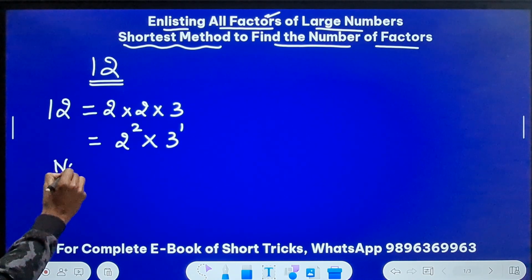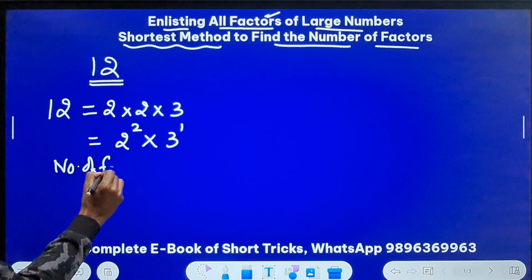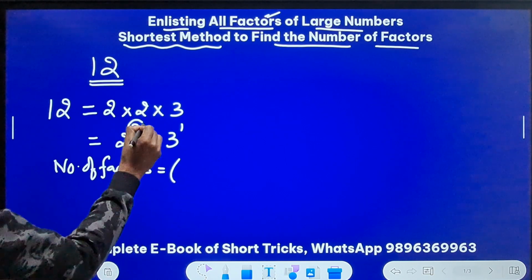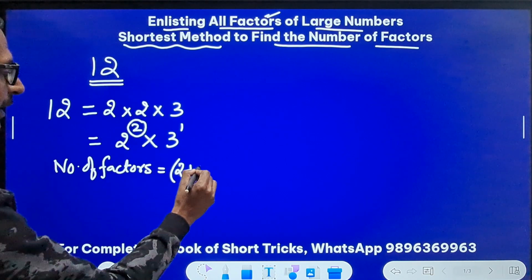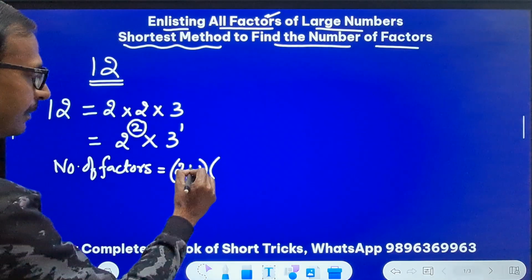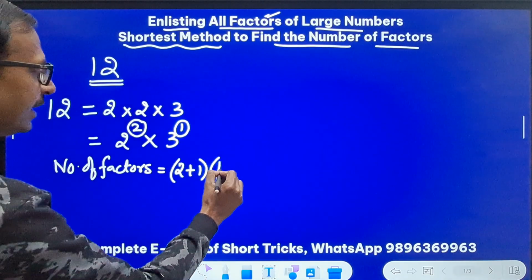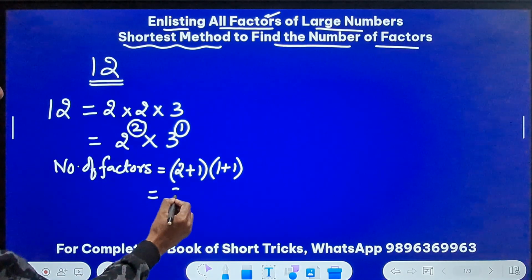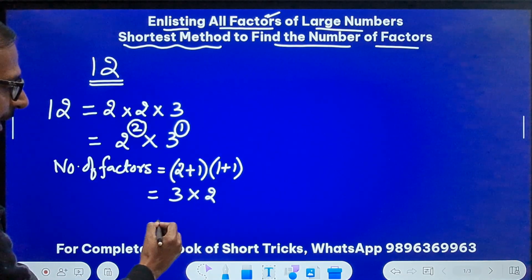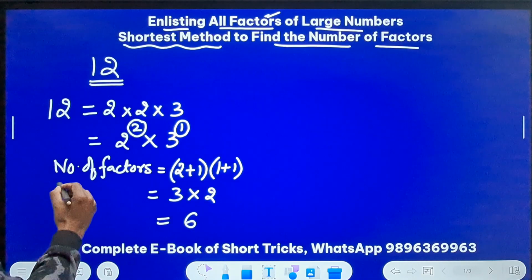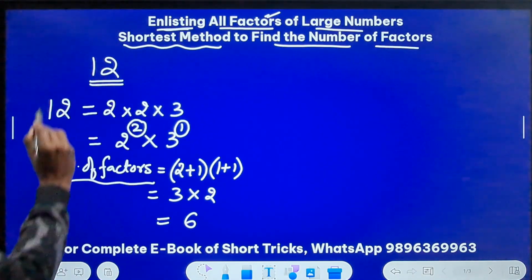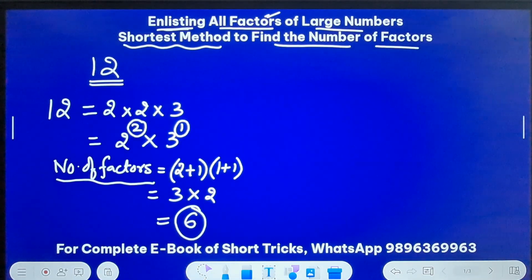And so the number of factors of 12 will be, take the exponent 2, increase it by 1, and then other bracket, take this exponent 1, increase it by 1 and multiply the 2. So you will get 3 times 2, that is 6. That means when you enlist all the factors of 12, you are going to get 6 factors.